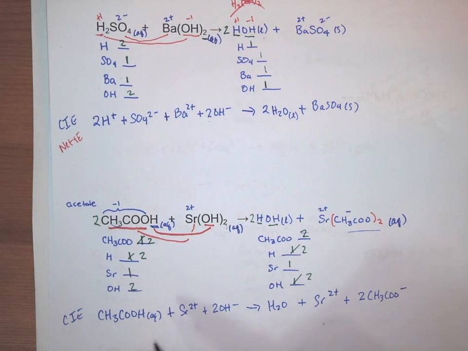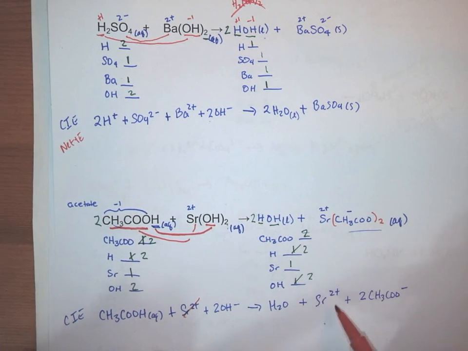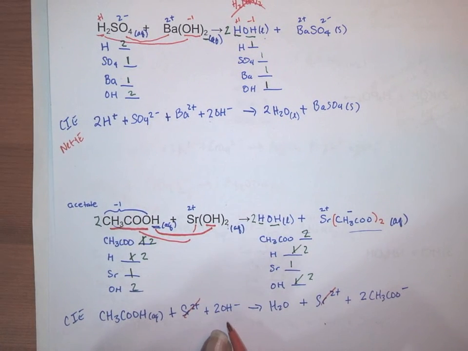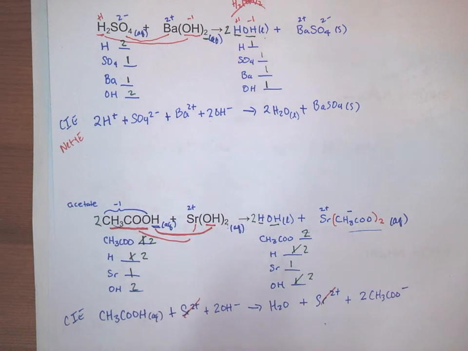Okay, so now that I'm looking at this, I can now go on to my net ionic equation by crossing out things that are ions on both sides. This is not an ion on the reactant side, so I'm not crossing that out. Sr2+ is an ion on both sides, so I cross that out. And the hydroxide is an ion on the reactant side, but on the product side it's a part of water, so I can't cross that out either.